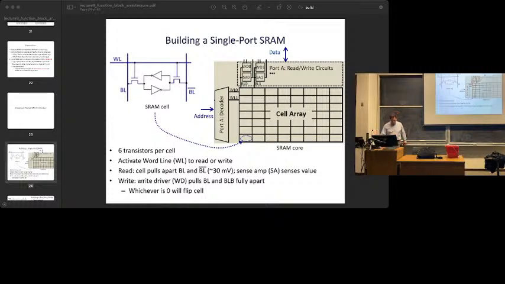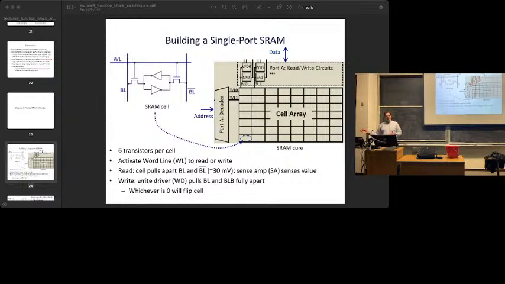Another delay happens, and then the decoder has finished decoding, and the word line is activated. So again, there's a self-timed or delayed circuit that drives this to a logic 1, and then it waits a little while longer, and then it turns on the sense amp to actually determine which way the voltage is pulled apart. Okay?